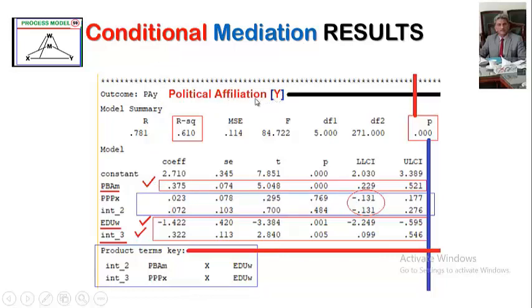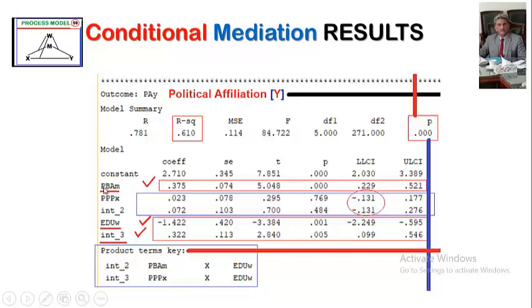The main dependent variable or research question or test variable of this lecture is political affiliation. It has been predicted by 5 variables. However, the results show that only 3 are significantly bringing change in the political affiliation, while 2 of the variables have got insignificant results.